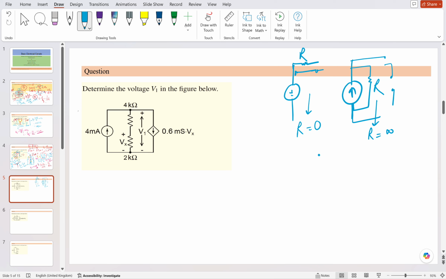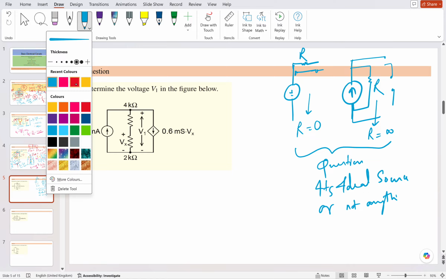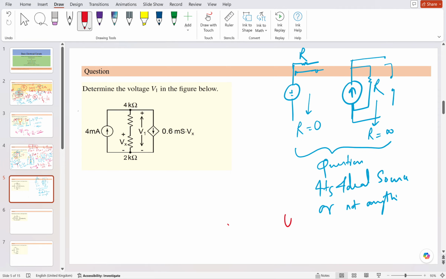So if it is written in the question that it's an ideal source, or nothing is written, then you should always consider it an ideal source, unless and until it is written that it's a practical or non-ideal source.